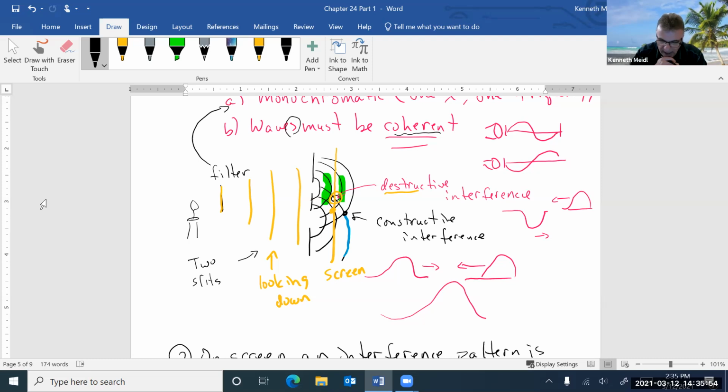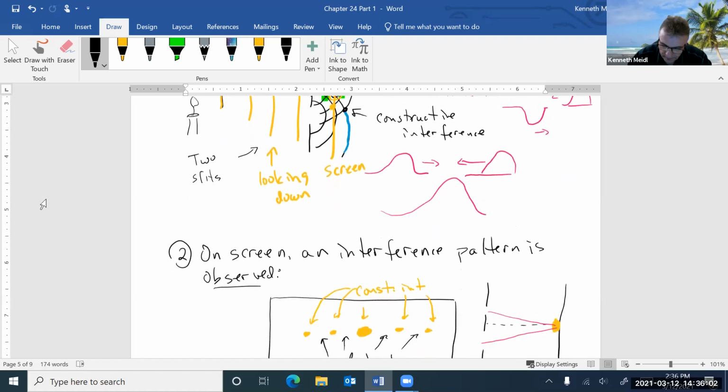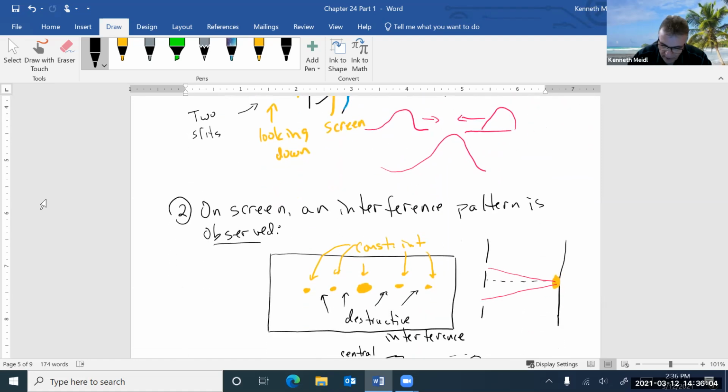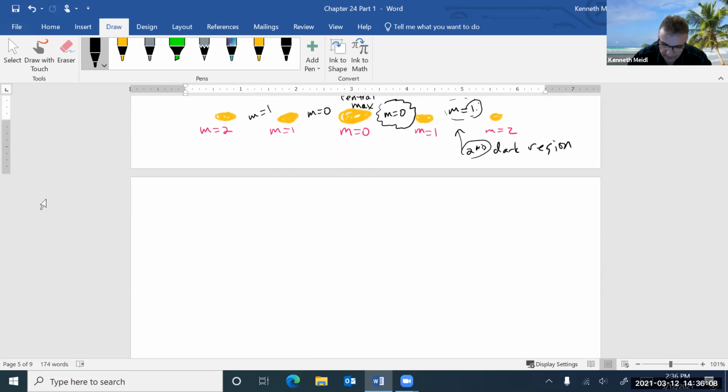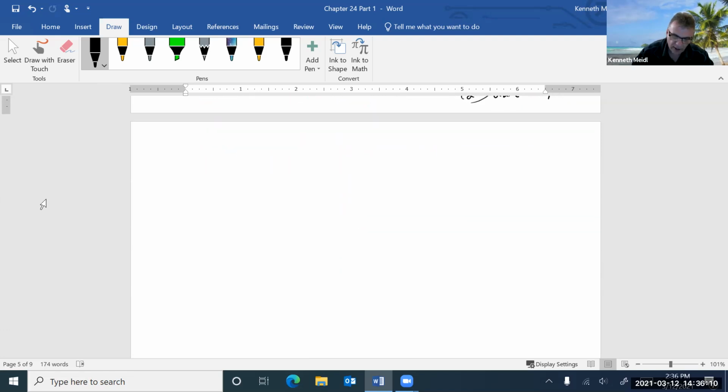If you're thinking about them that way, you can see how messy the picture gets very, very quickly. I'm going to think about waves using Huygens principle. And so let's actually take a look here at the double slit experiment.